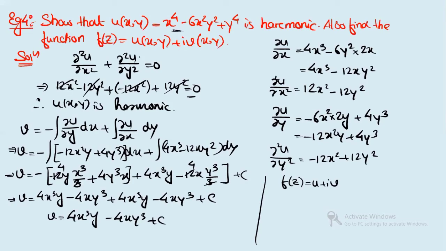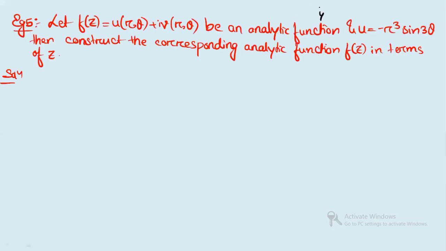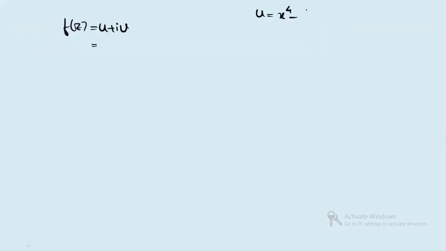Let me write here. U was equals to x to the power 4 minus 6x square y square plus y to the power 4. This is the value of u, and v was equals to what? What did we get? V was equals to 4x cube y minus 4xy cube plus c.